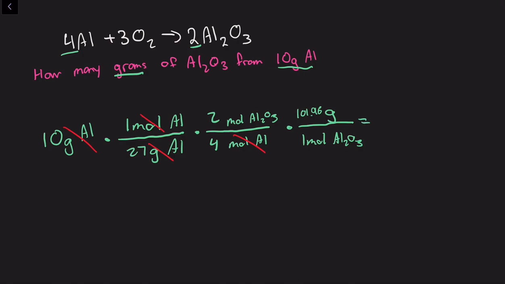So now if we do the math straight across, we're going to have a unit of grams of aluminum oxide, and we're going to do our 10 times 1 over 27 times 2 over 4 times 101.96 over 1, giving us a final answer of 18.9 grams of aluminum oxide.